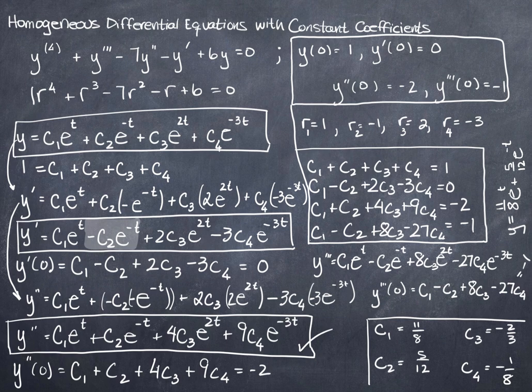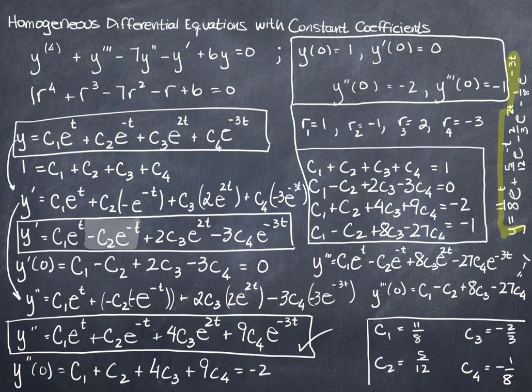And C3 is -2/3, so -2/3 e to the 2t. And C4 is -1/8, so -1/8 e to the -3t. And that is my particular solution. That is the answer to this problem.